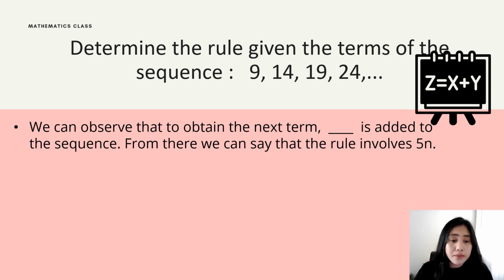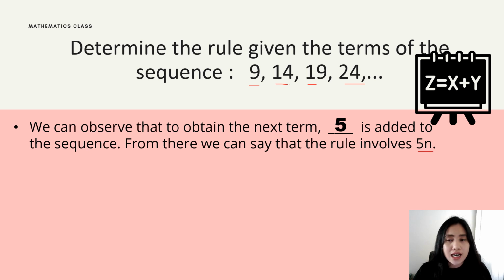We can observe that to obtain the next term, blank is added to each of the elements in the sequence. And that is 5. 9 plus 5 equals 14. 14 plus 5 equals 19. 19 plus 5 equals 24. From there, we can say that the rule involves 5n.